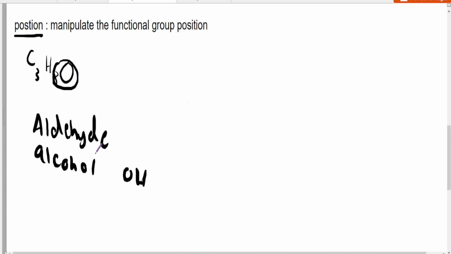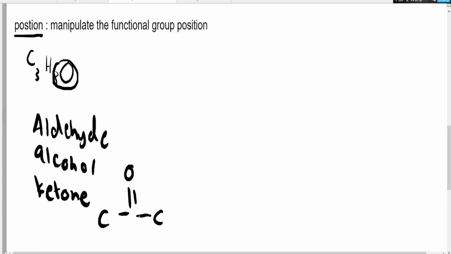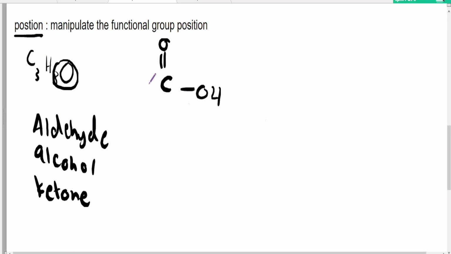It can also be a ketone, because a ketone is C double bond O with carbons on adjacent sides. It cannot be a carboxylic acid because carboxylic acids have a C double bond O-OH group, and nor can it be an ester. So let's do all of these possibilities. Let's start with aldehyde.